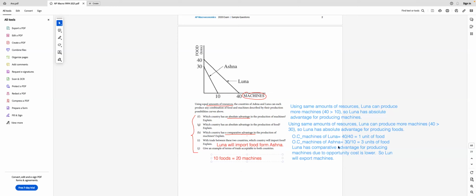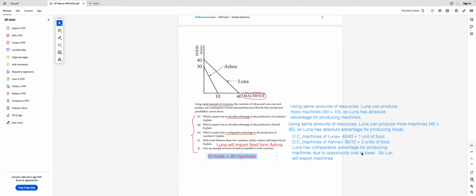Let me explain why my example is mutually acceptable by both countries.